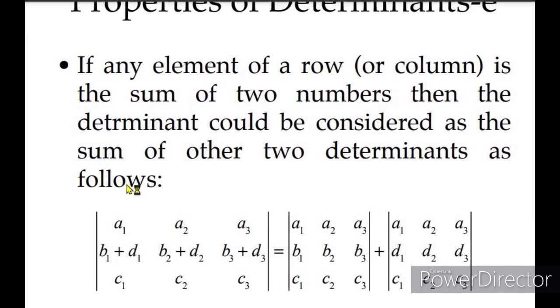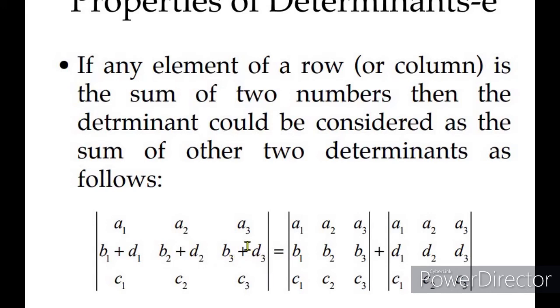Next property is if any element of a row or column is the sum of two numbers, then the determinant could be considered as the sum of two other determinants as follows. Here in the example, the elements in the second row are composed of the sum of two numbers: b sub 1 plus d sub 1, b sub 2 plus d sub 2, b sub 3 plus d sub 3.